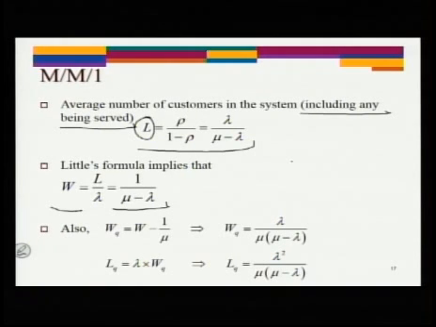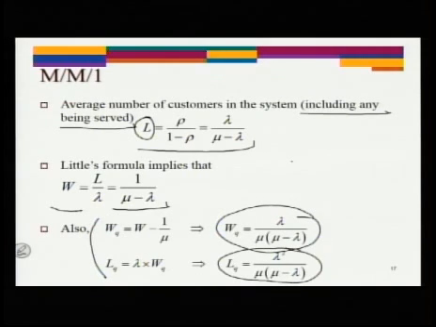Also, WQ is this, and LQ is this. But keep in mind that all of these formulas work only for the MM1 queue. Okay?